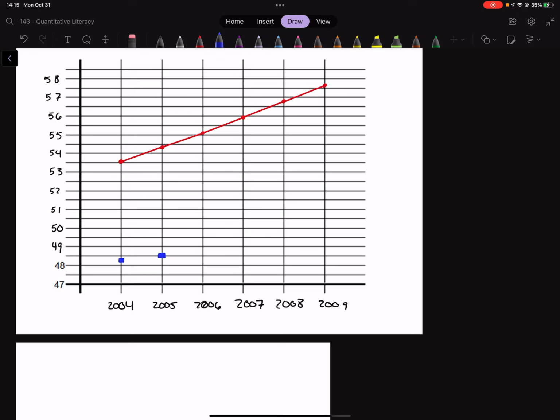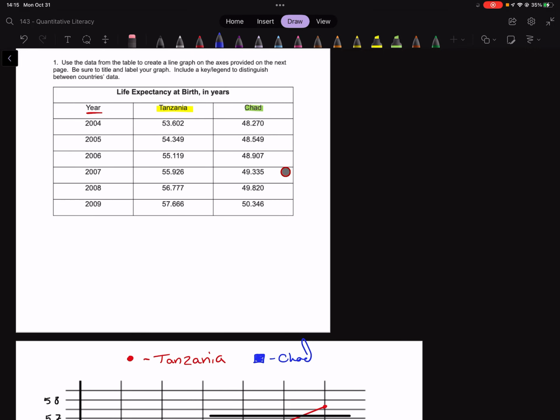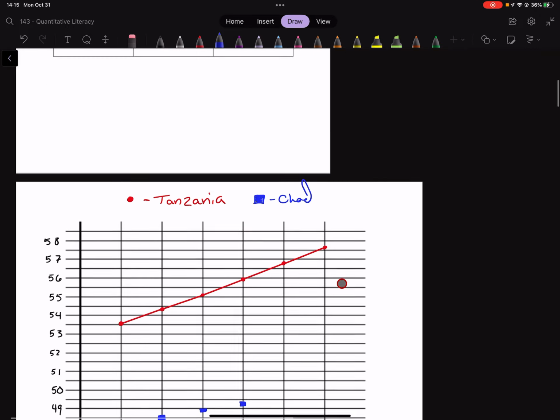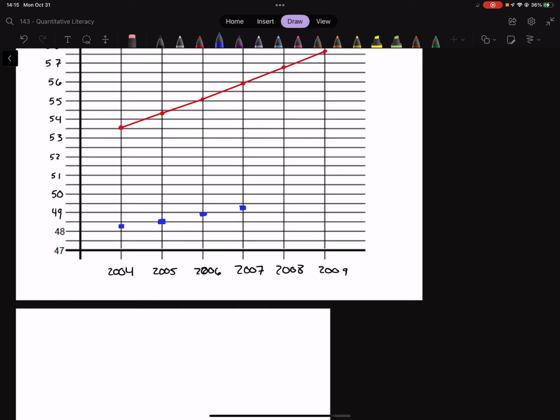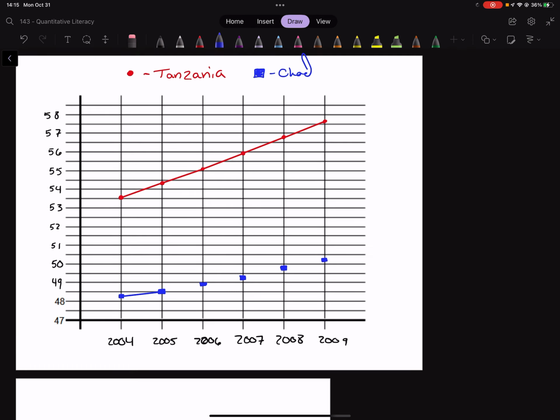So that's right here. Then in 2007, it's 49.3. In 2008 it is 49.8. And then finally in 2009, they reached 50.3. So not as sharp of an increase with Chad when compared to Tanzania.